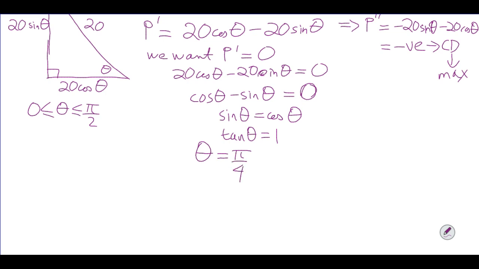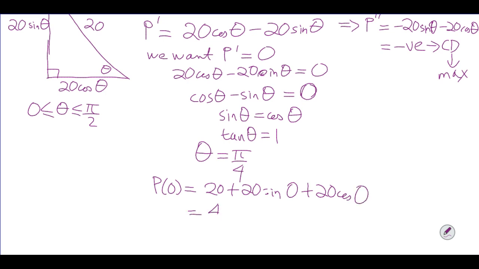So now we need to examine the perimeter at 0, pi over 2, and pi over 4, right? Because maybe it's a max. Obviously, it's not a max at 0, nor at pi over 2, because you just can't make triangles. But we still have to check. So p of 0 will be 20 plus 20 sine 0 plus 20 cos 0.